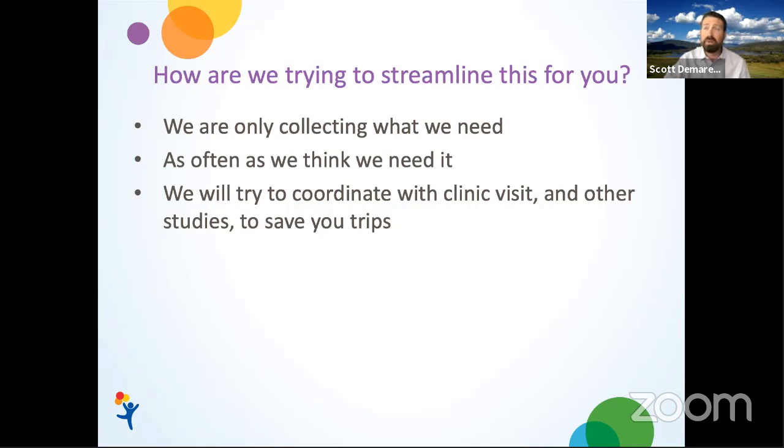So for example, if we do a survey about how things are going and we need an update on that, it makes sense for us to do that prior to a visit that you have upcoming for clinical purposes anyway, where the answers you give to that survey could actually be used to inform what we talk about during that clinic visit. We're trying to coordinate those things the best we can. And we may not get it perfect. Give us feedback. We'll keep trying to make that better and do it the best we can.